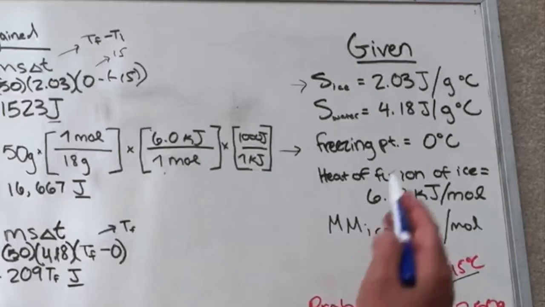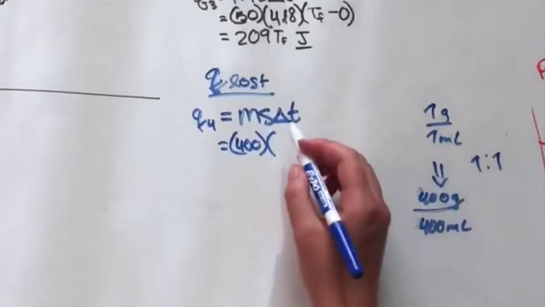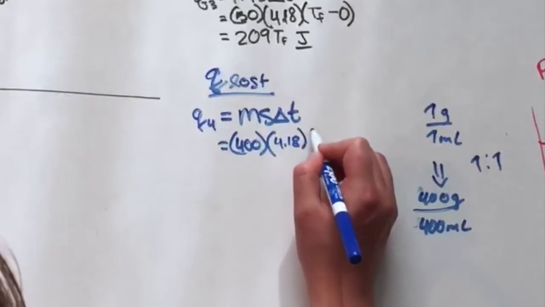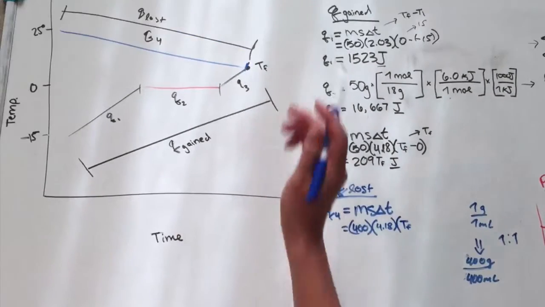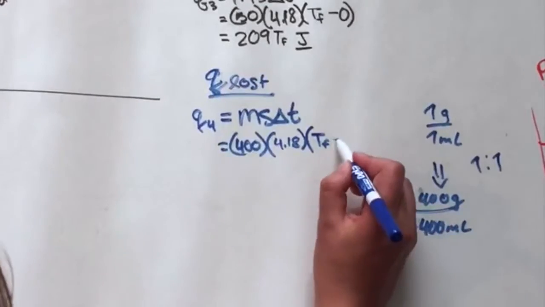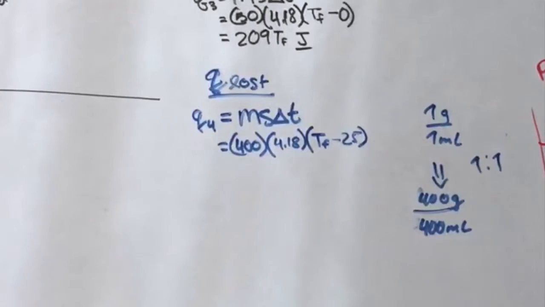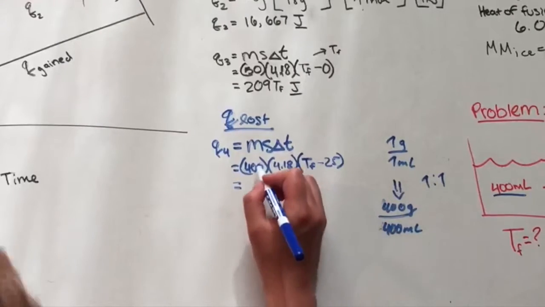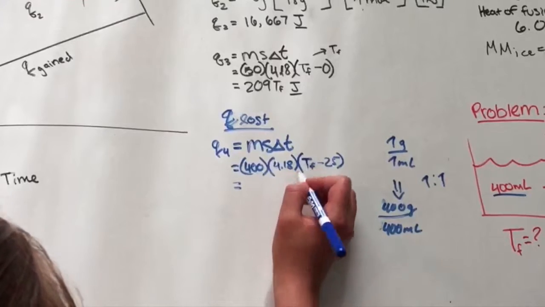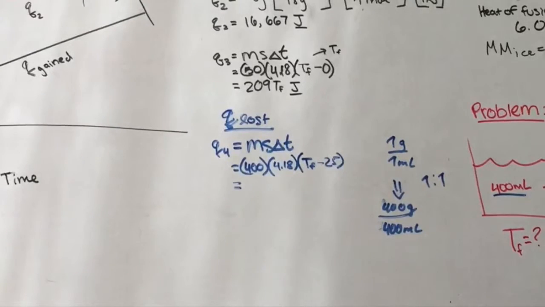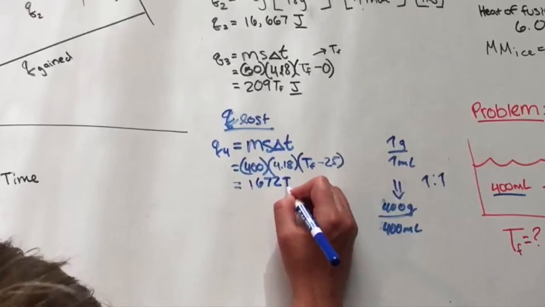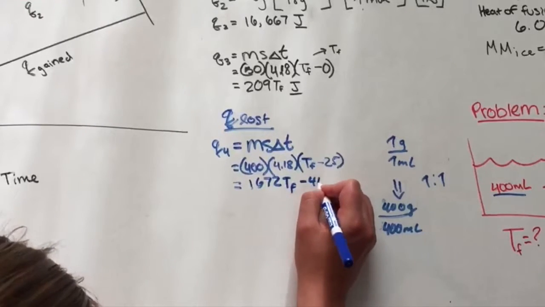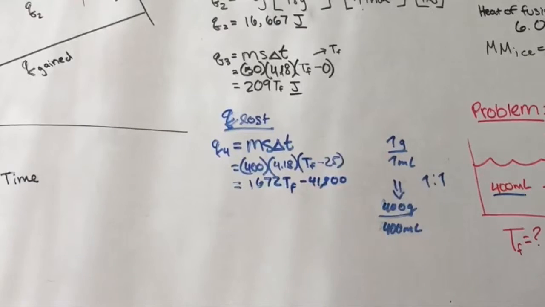If we remember, our specific heat is 4.18 joules per gram degree Celsius. Our T final is unknown, but our T initial we have, and that's 25 degrees Celsius. So we'll go ahead and multiply the first 2 factors and then distribute that to the TF and the 25, and we're going to end up with 1,672 quantity TF minus 41,800.